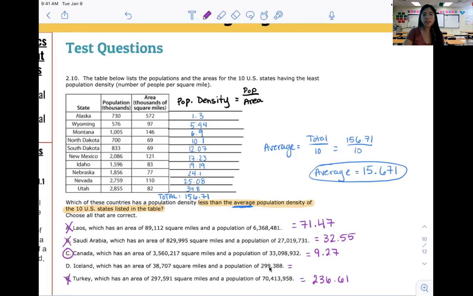So 299,388 divided by 38,707. It's okay. Take your time. I know you guys can do it on your own if you want, but I want Daniel to have an opportunity. What you got?